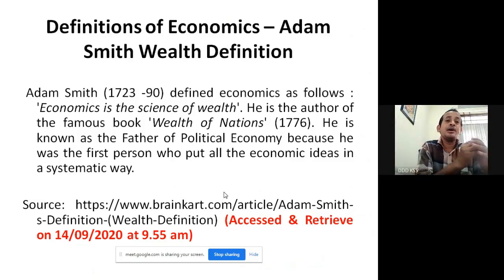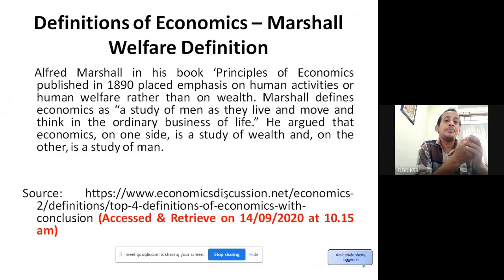Next, we will move to the definition of Alfred Marshall. Here also a question may come: what do you understand by the welfare definition, or define Marshall's definition of economics? Alfred Marshall's definition of economics is also known as the welfare definition of economics. He explained economics from the point of view of mankind's welfare.